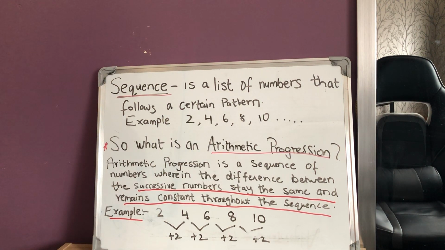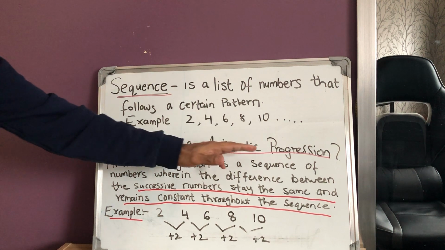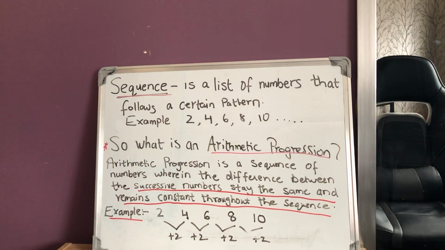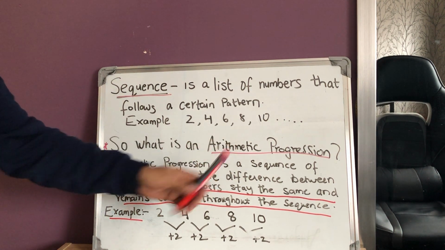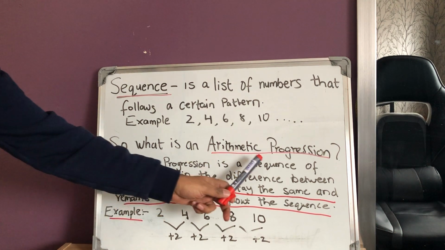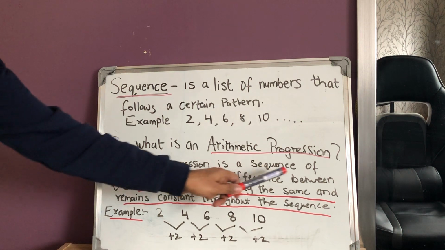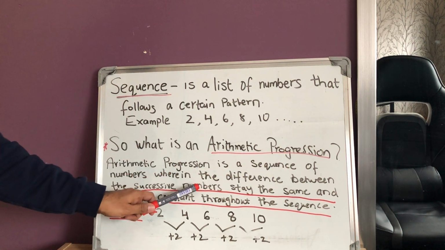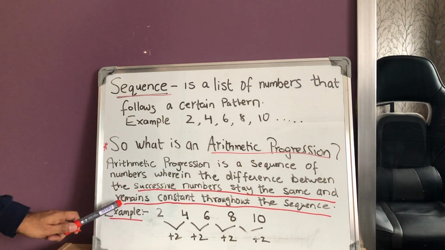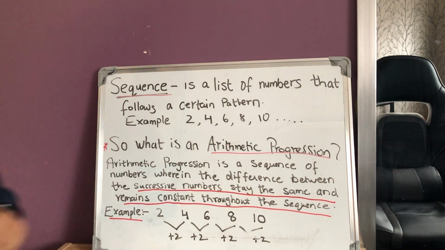Similarly, what we're going to learn is what is meant by arithmetic progressions. An arithmetic progression is a sequence of numbers wherein the difference between the successive numbers stays the same and remains constant throughout the sequence.